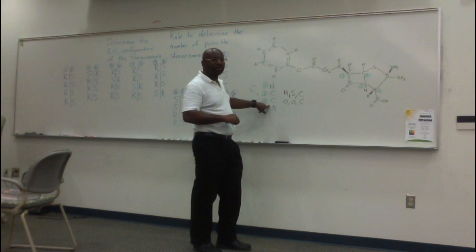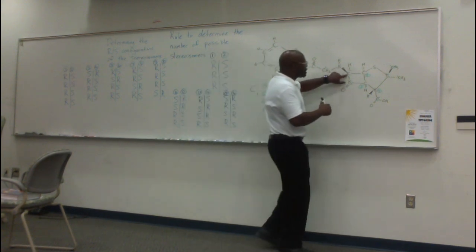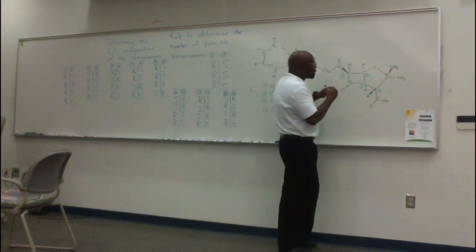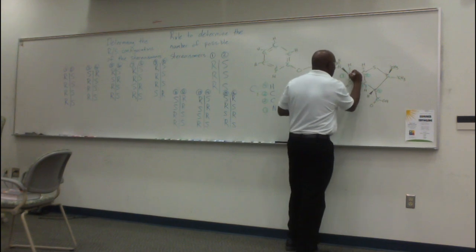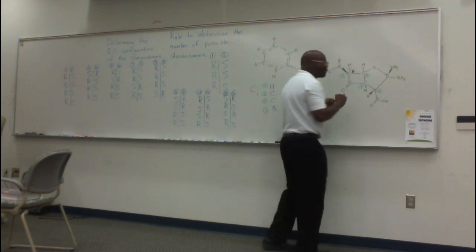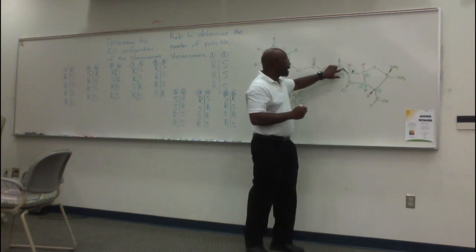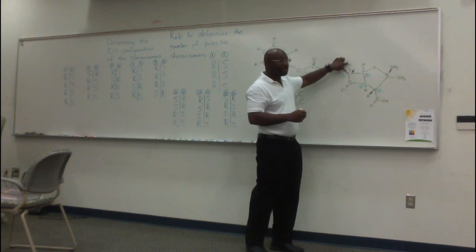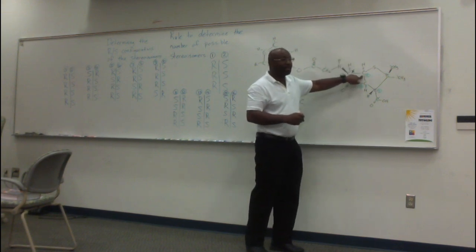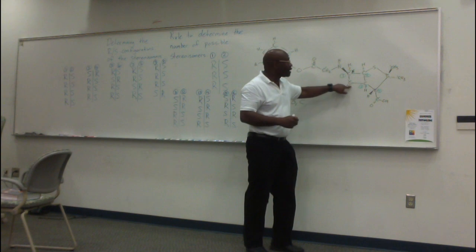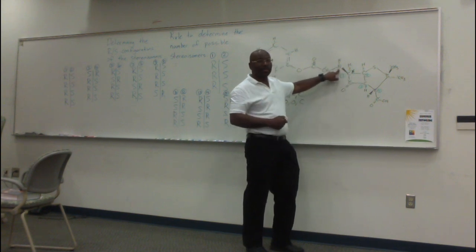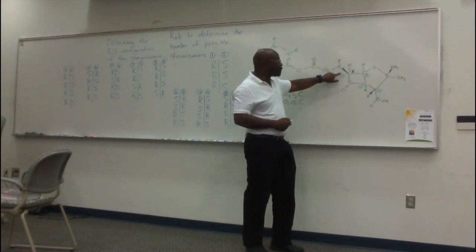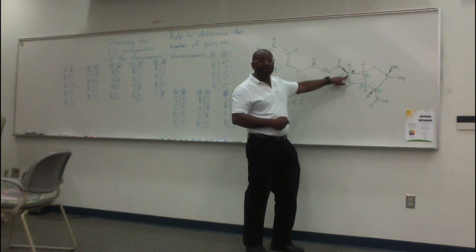No, because this is my carbon atom right here, when I put a star beside it. This carbon atom is directly attached to an H, a C, a C, and an N. Those are the 4 groups attached to the star carbon atom.